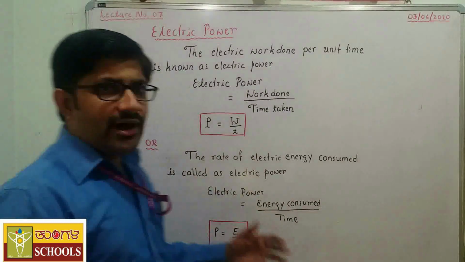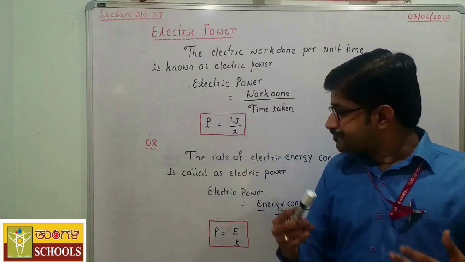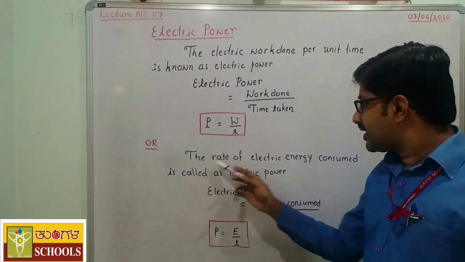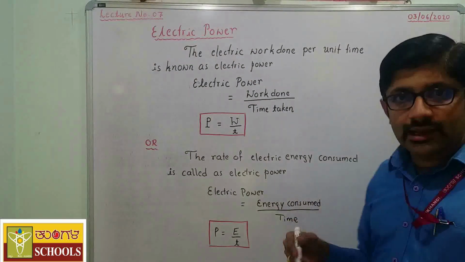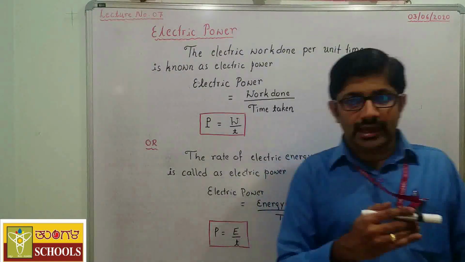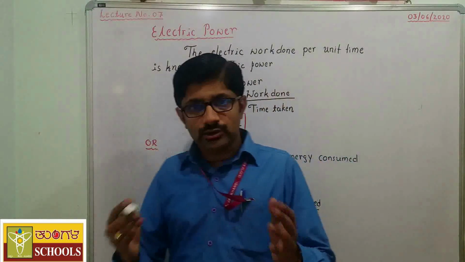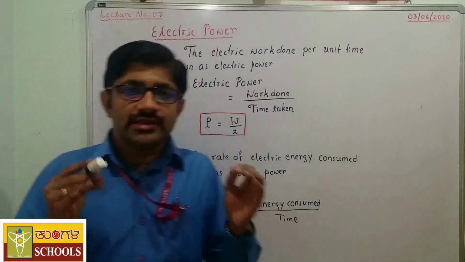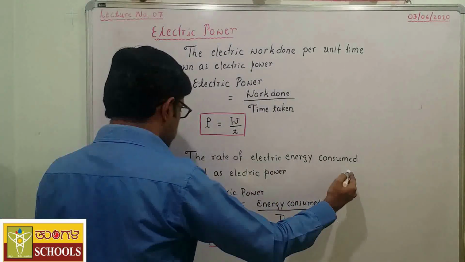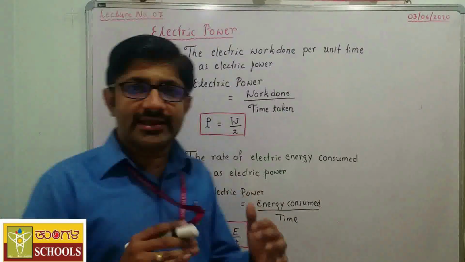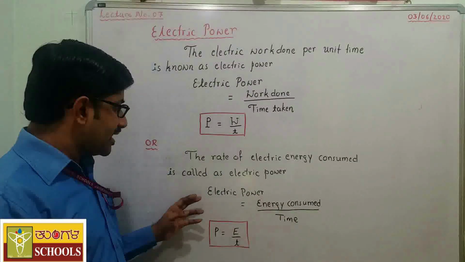You can define power in another way: the rate of electrical energy consumed. Again comparing to mechanics, the energy consumption with respect to time is also taken as power. Similarly, here also the consumption of electric energy per unit time is taken as electric power.